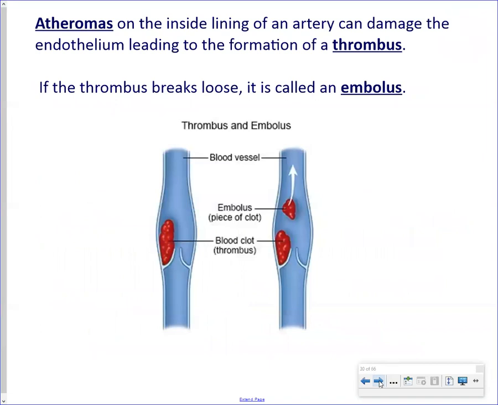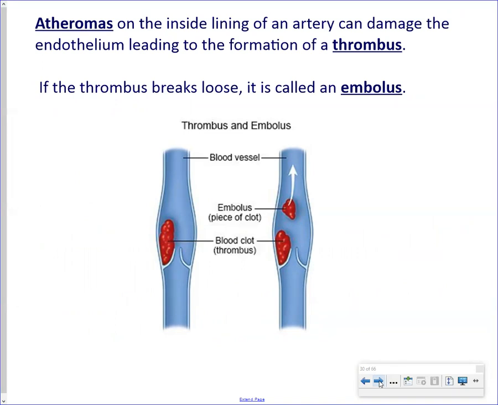So we've learnt an atheroma develops, or a plaque develops during atherosclerosis, and this plaque builds up underneath the endothelium, and eventually it can lead to a thrombus. There's a link, isn't there, between atherosclerosis and thrombosis.